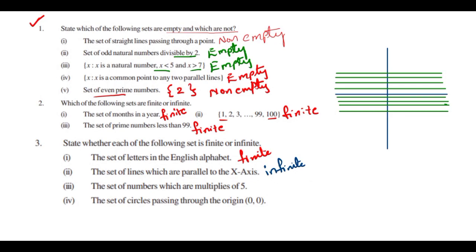Don't think billion means it is infinite. No, billion means we have one end, it is finite. Infinite means we are not saying anything about where to stop, so then it is an infinite set.